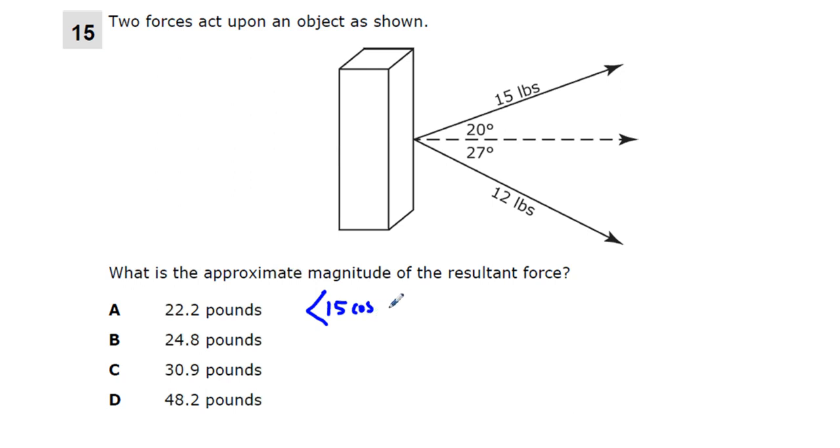cosine of 20 degrees, and then we're going to add our other component from this, 12 cosine negative 27 degrees, because we're rotating down, comma, 15 sine 20 degrees plus 12 sine negative 27 degrees.